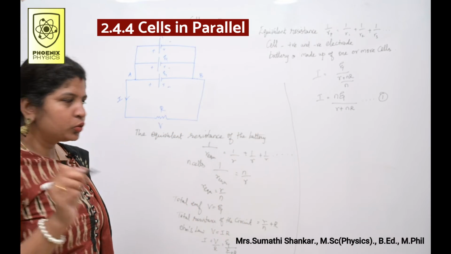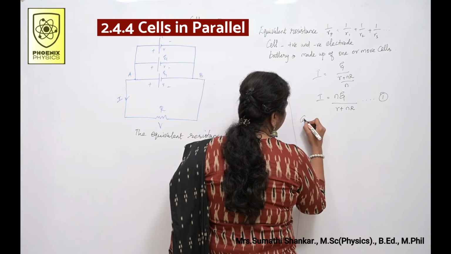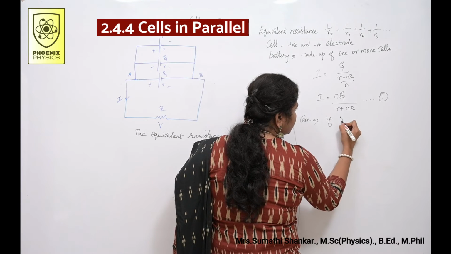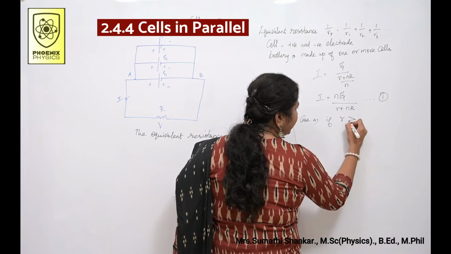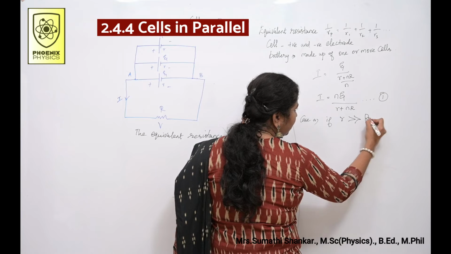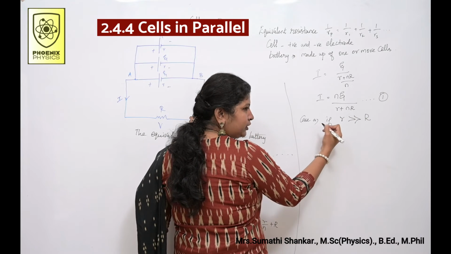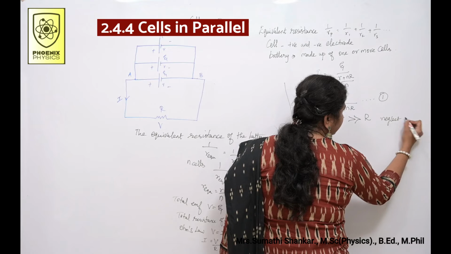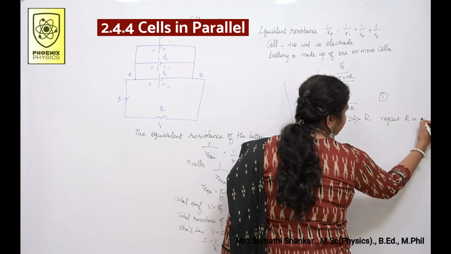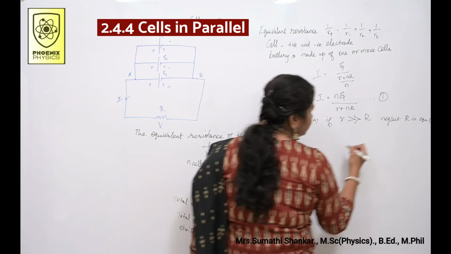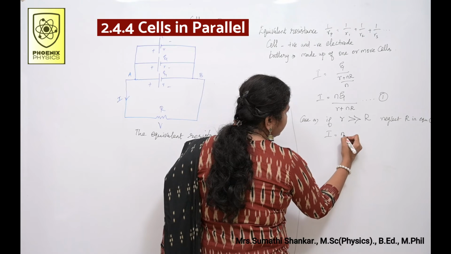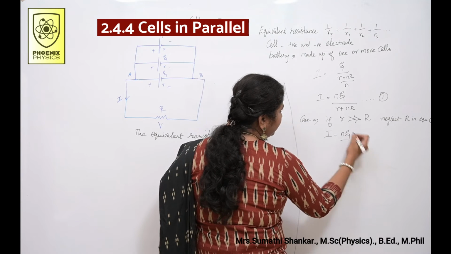Next we will discuss 2 cases. Case 1: if small r is greater than capital R. Under this condition you can neglect capital R in equation 1, which is this one. So I is equal to n Xi by r.